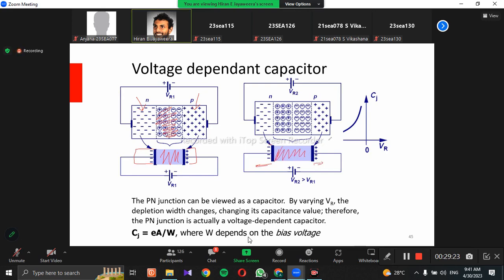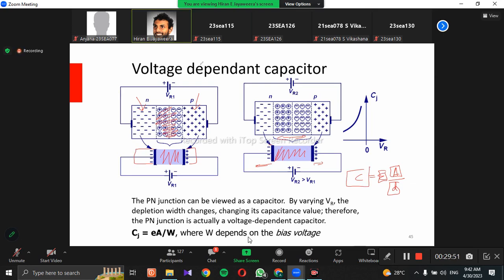This is kind of philosophical, but it's like a capacitor whose capacitance could be varied. The capacitance is C equals epsilon A over D. Now A remains constant. However, this distance D is changing. As you change D, you can change the capacitance. So it's like a voltage dependent capacitor.